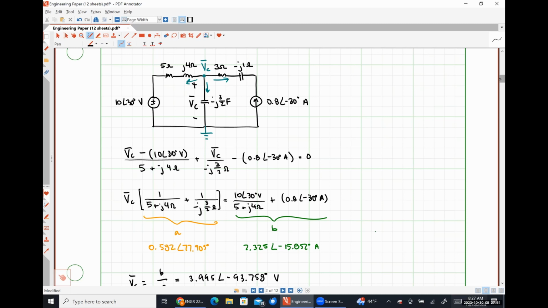So I forced the circuit to behave that way by lumping these guys together as a single impedance, and these guys together as a single impedance through which I knew a current.